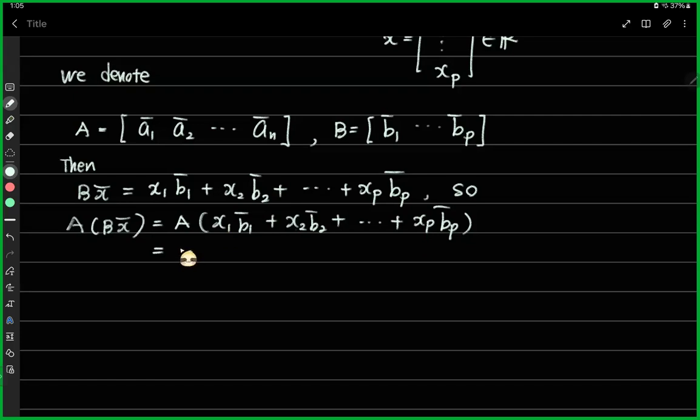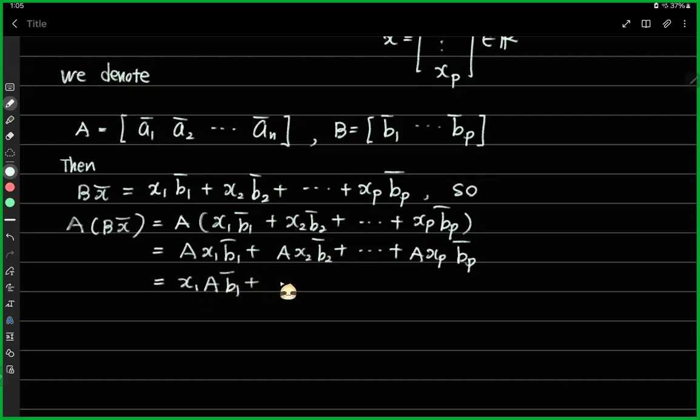This is A times x1 times b1 bar, plus A times x2 times b2 bar, plus through A times xp times bp bar. Since x1 through xp are scalars, we can switch them out: x1 times A times b1 bar, plus x2 times A times b2 bar, plus through xp times A times bp bar.